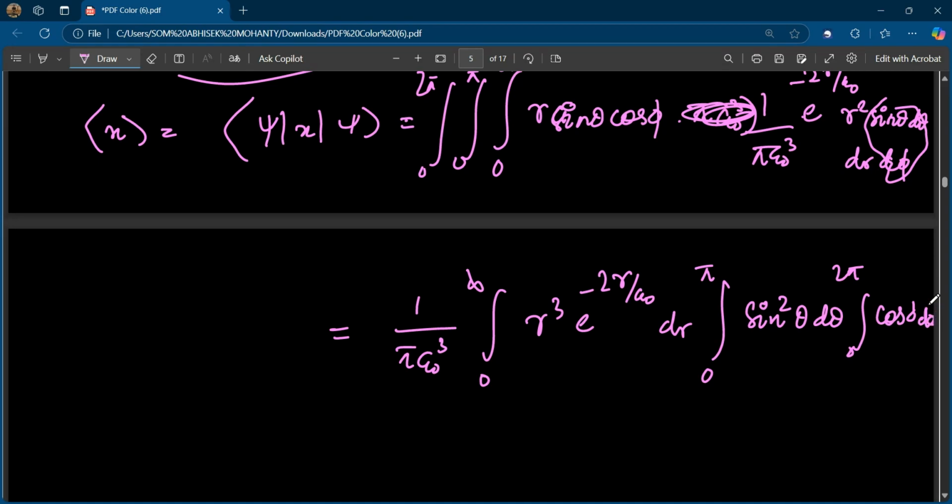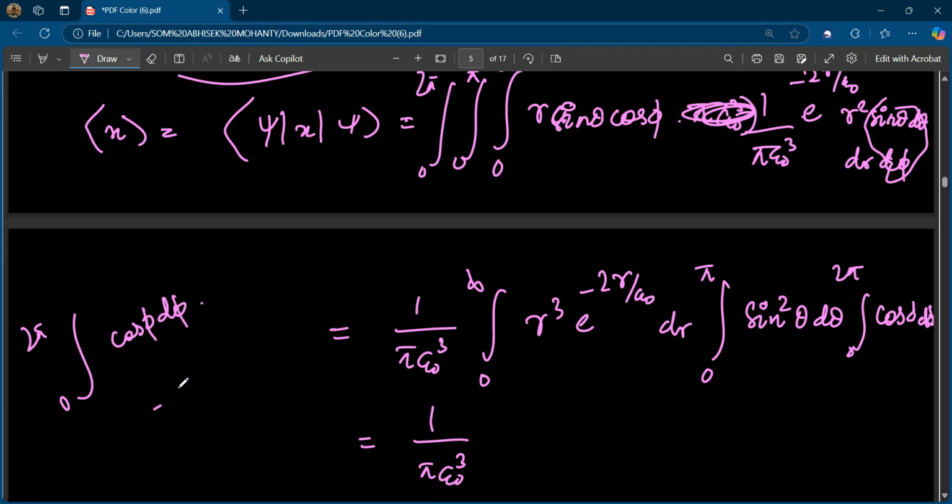Now, the integration of 0 to 2 pi cos phi d phi is what?